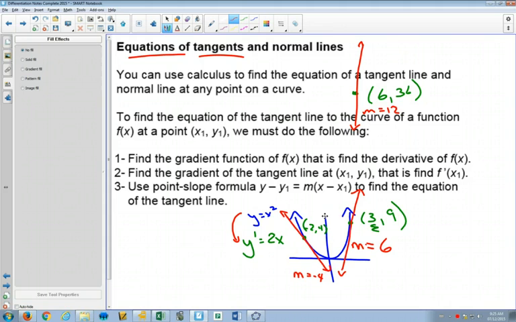What do you need to find the equation of a line from grade 10? You need the slope, and you need at least 1 point. If you have 1 point and the slope, you can find y equals mx plus b. Because you have m, you can plug in the point, and you can find b. Or if you'd rather, you can use the point slope formula. I think you guys remember y equals mx plus b more than the point slope formula. It might be a little bit easier, but you can use either one.